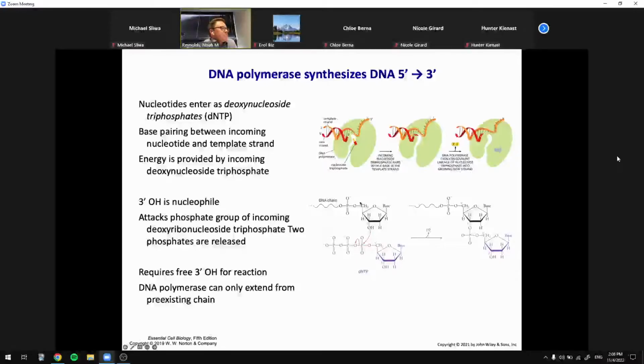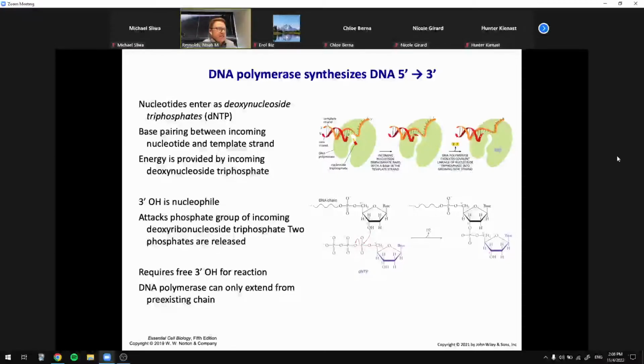Remember where the energy comes from for this reaction? The incoming nucleotide is a triphosphate. And so the energy for this reaction is brought with that nucleotide, because we're going to essentially hydrolyze this bond and release pyrophosphate.